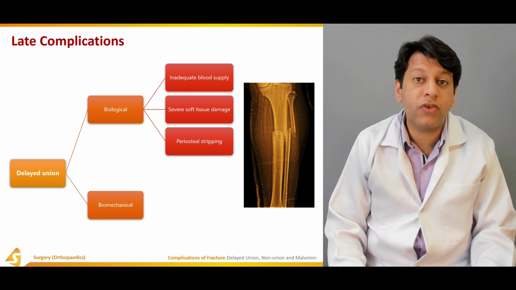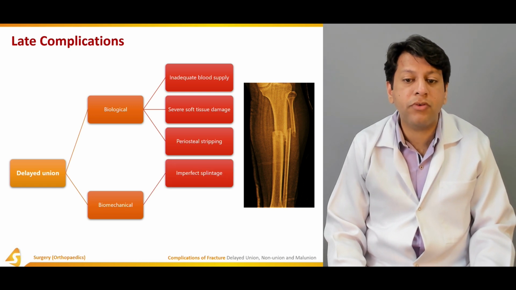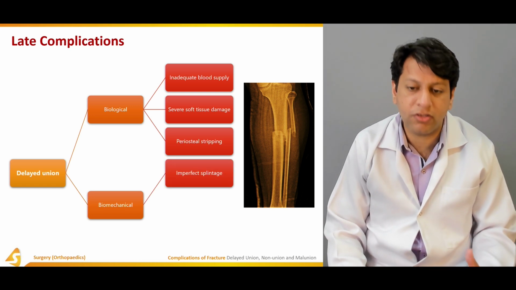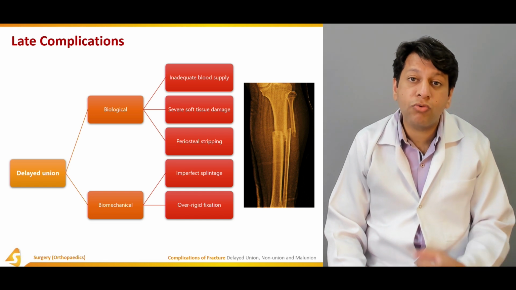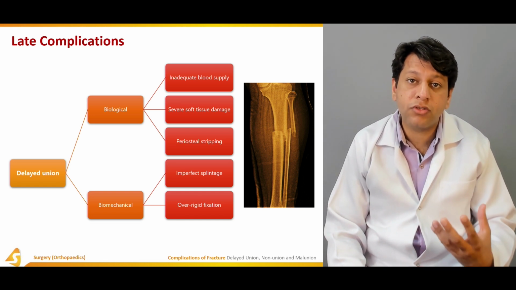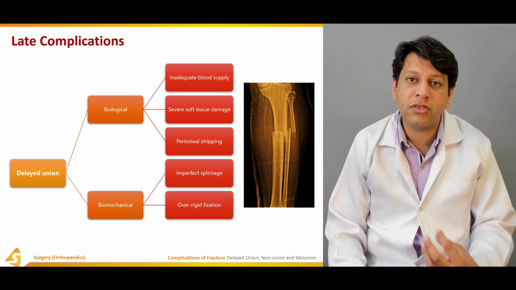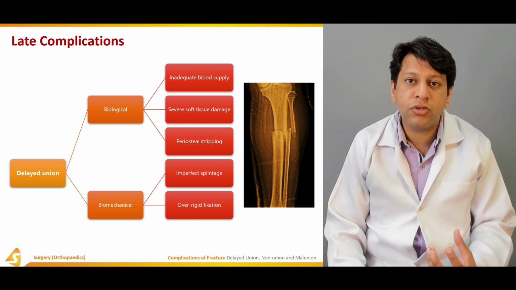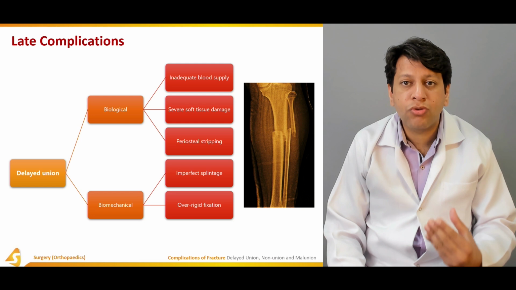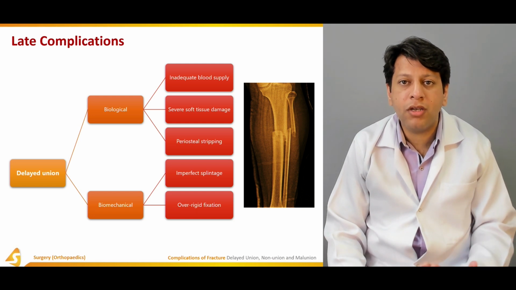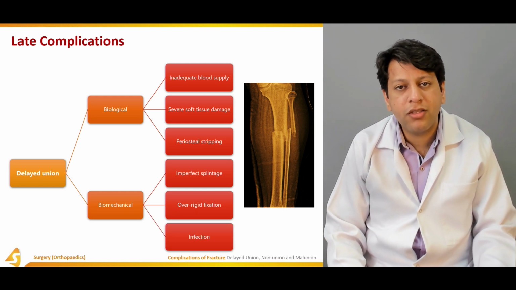Certain biomechanical factors may be important as well, such as imperfect splintage or imperfect fixation, or sometimes over-rigid fixation is done, so there's not enough movement at the fracture site and micro motion is not present, which can lead to slow callus formation and eventually delayed union or non-union. Or this could be infection.